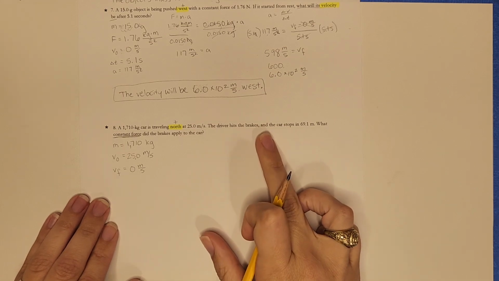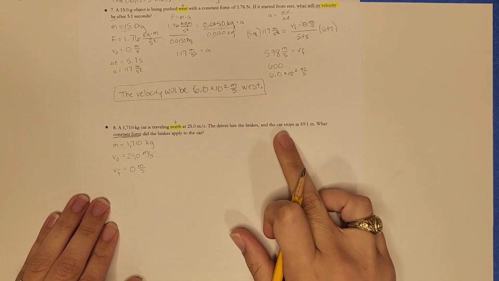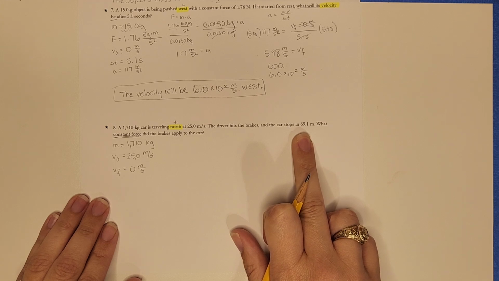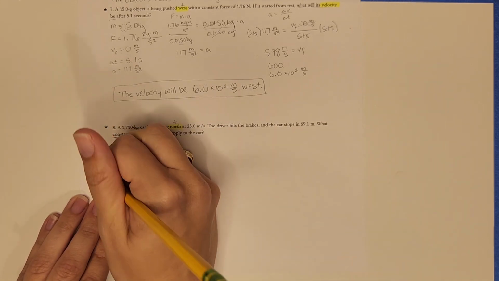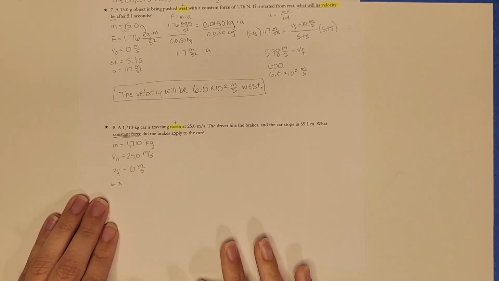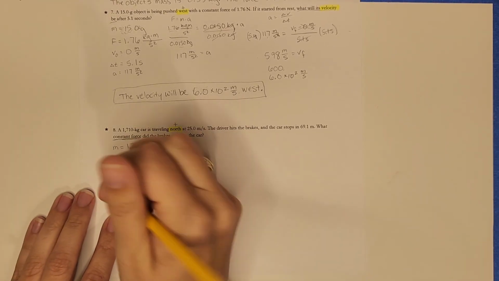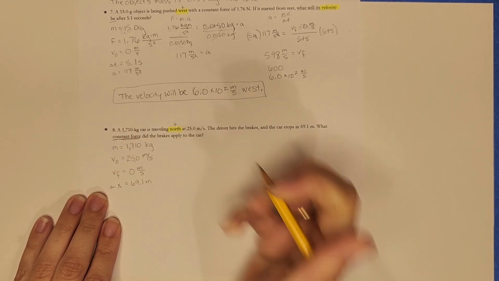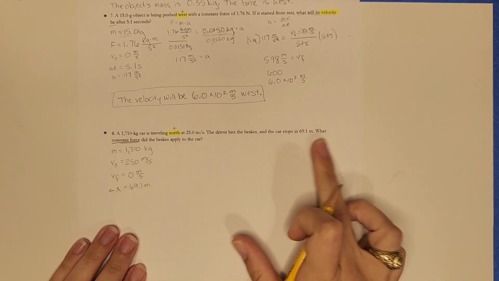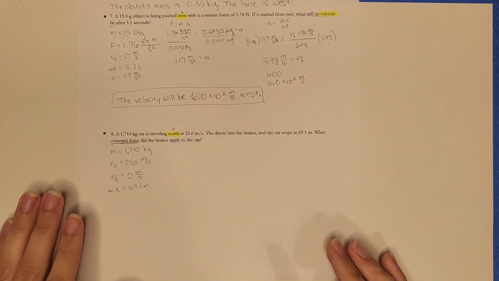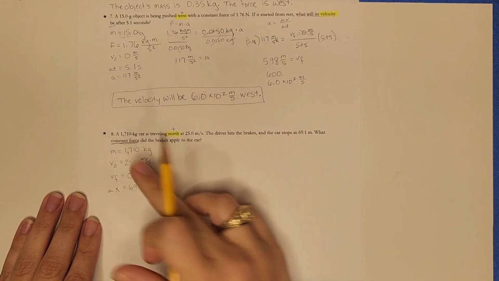Okay, and the distance that it took for it to stop was 69.1 meters. So you remember back from chapter 1, that is our delta x, that is our displacement, 69.1 meters. Okay, what constant force did the brakes apply to the car? So we don't have any extra information out of that. Now, we're being asked for force.